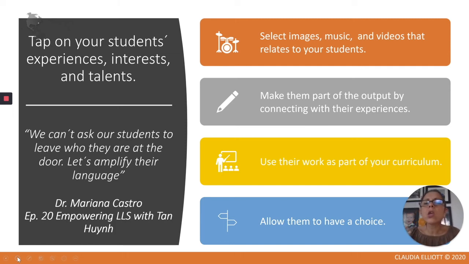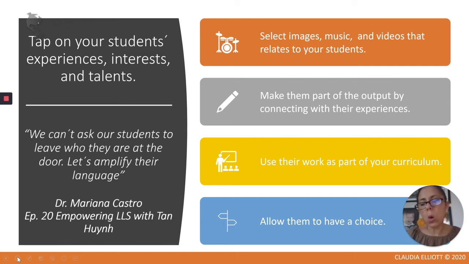So you can select images, music, and videos that relate to them. They can connect with their own experiences. So when we ask them to record something or write something, let's talk about them, their favorite pet, their favorite family member, their favorite food, their favorite place to go, their favorite restaurant. So making it about them will really discourage the use of online translator.